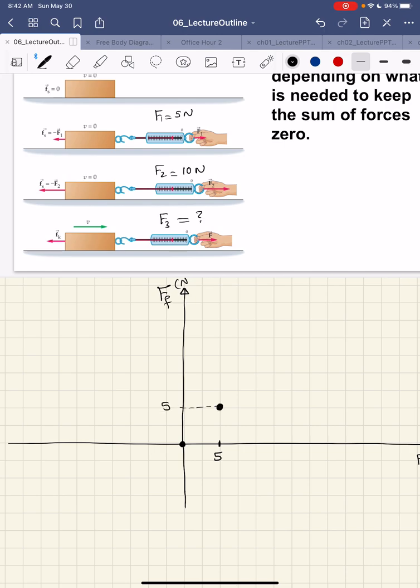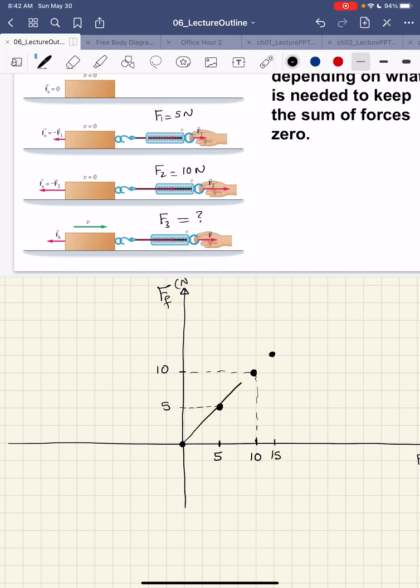Then here it is 10, and of course this is going to be 10 as well. The reason is the object did not move. I can apply Newton's first law, which is equilibrium. And there is maybe a maximum value, let's say 15 here.